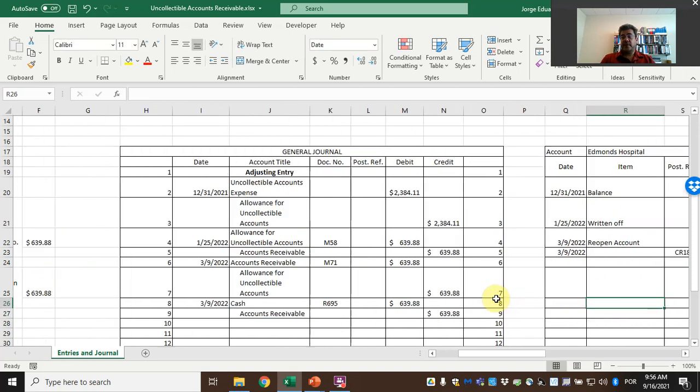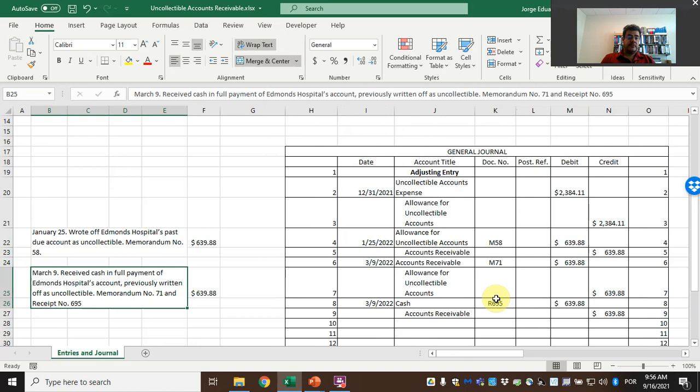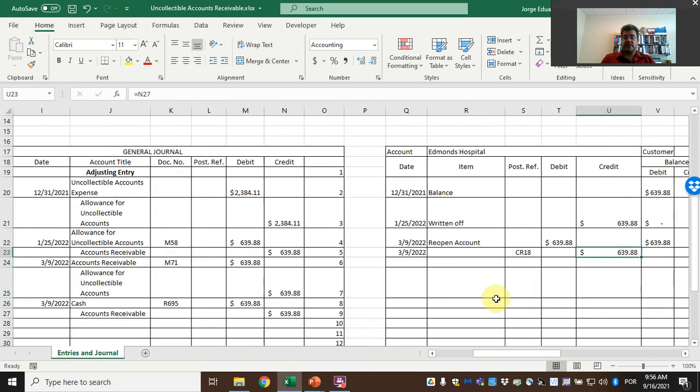So okay, let's go to our journals. Edmonds Hospital. We are receiving it based on cash receipt number 18. We don't have it here, but let's consider this cash receipt 18. 639, so we are crediting accounts receivable.